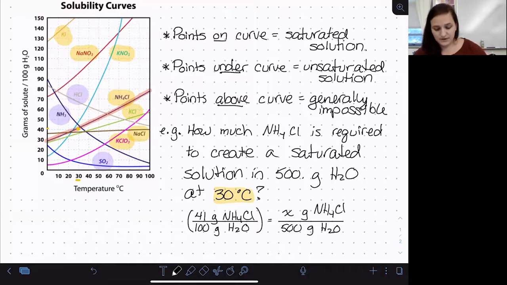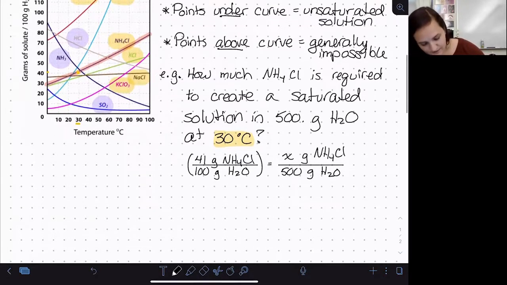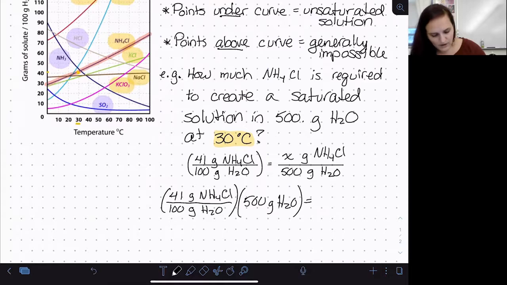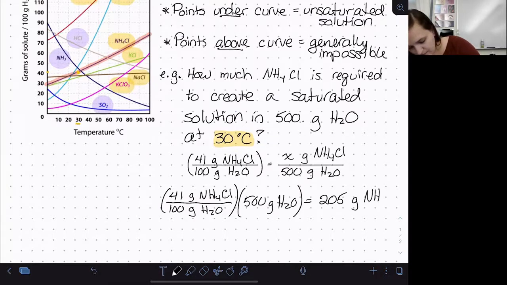So then we can just solve for X here, which will be 41 grams of ammonium chloride over 100 grams of water times 500 grams of water, which gets us 205 grams of ammonium chloride.